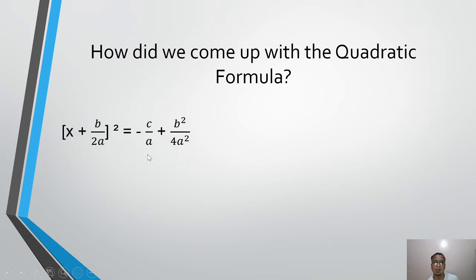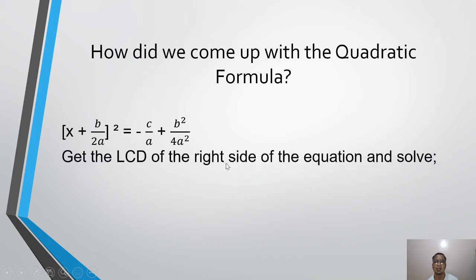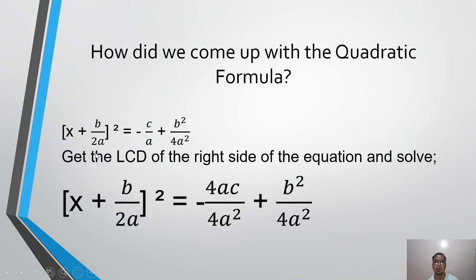Next, mula dito, eto yung nasa kabilang slide kanina. Get the LCD dun sa right side of the equation and solve. So, ito yung right side. Right nung equal sign natin. So, kinopya mo lang yung left side natin. Ang LCD ng a at saka 4a squared ay 4a squared.